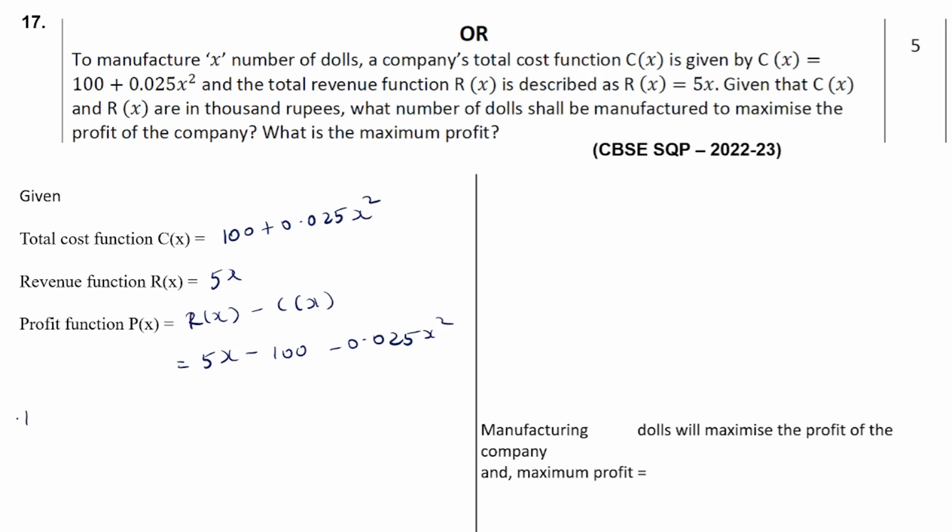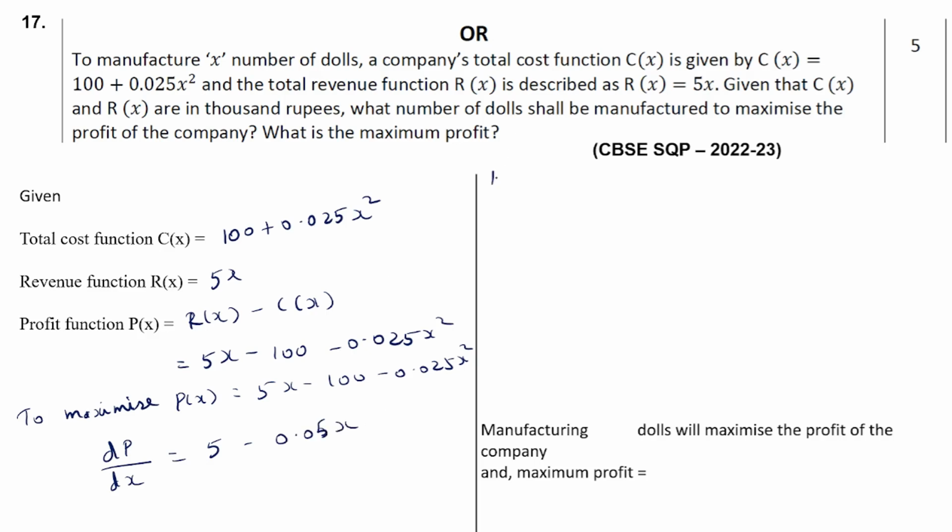Now we have to maximize this profit function. To maximize P of x equal to 5x minus 100 minus 0.025x square, first we have to find dp by dx. It is equal to 5 minus 0.05x.